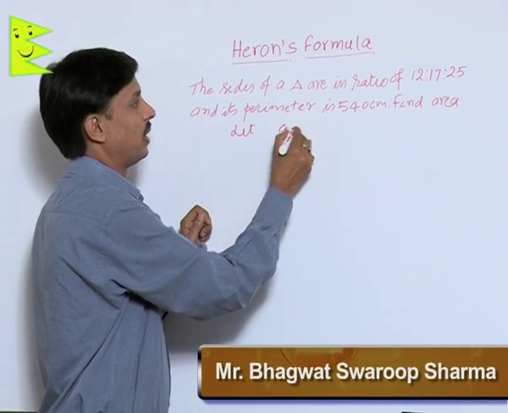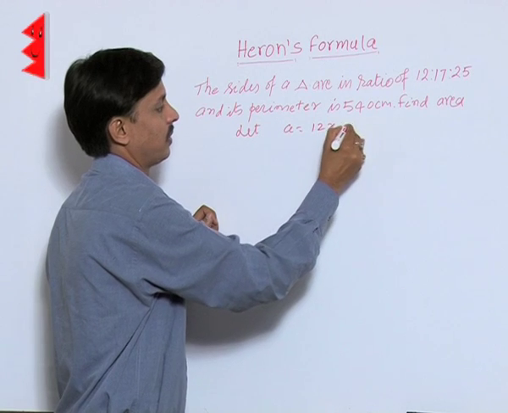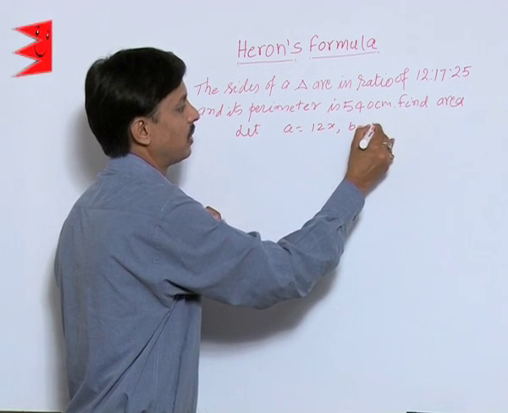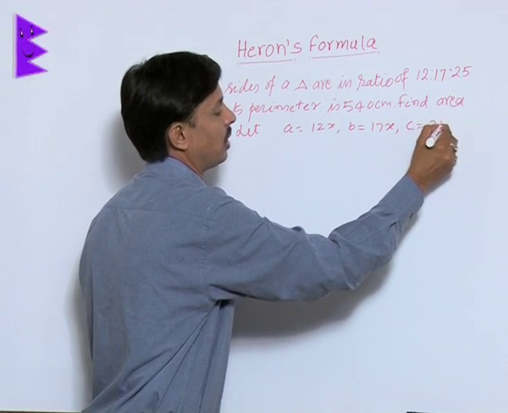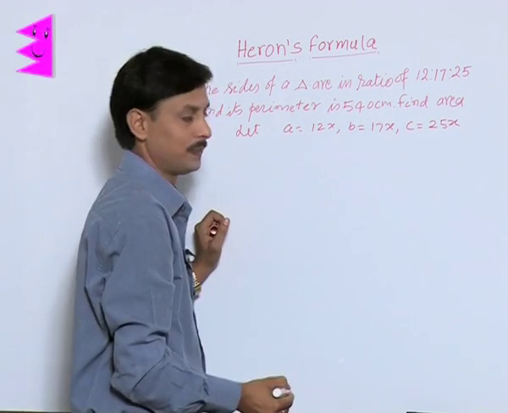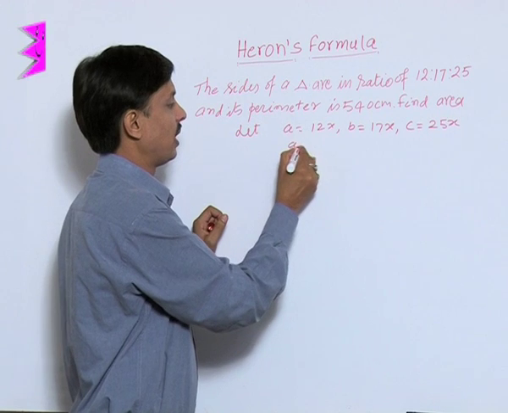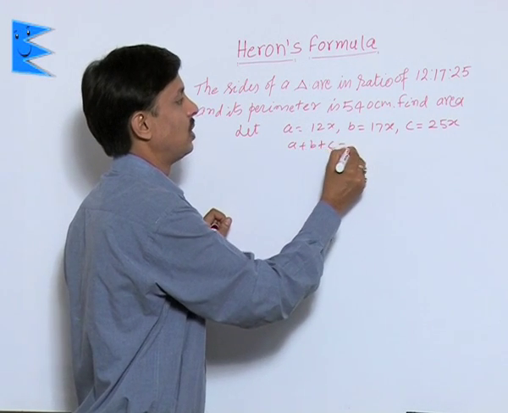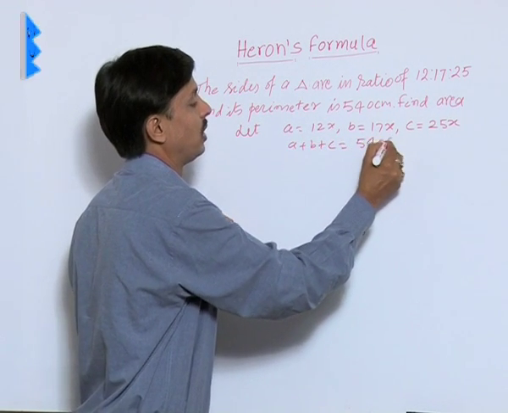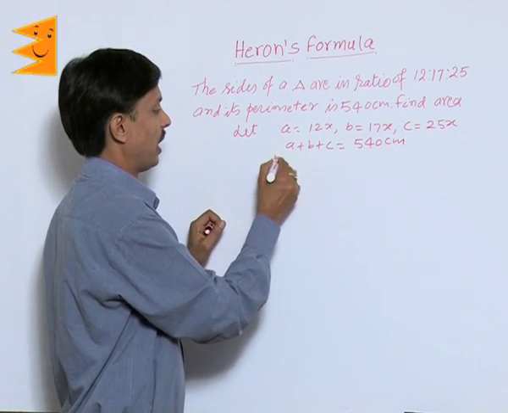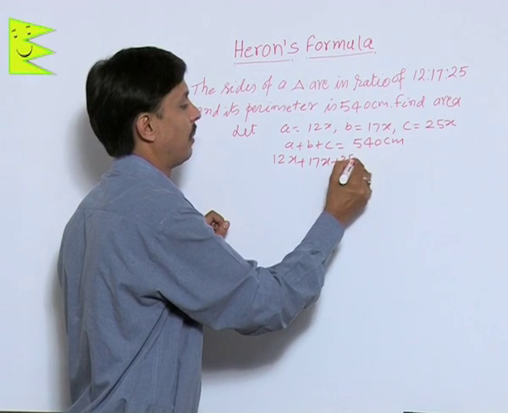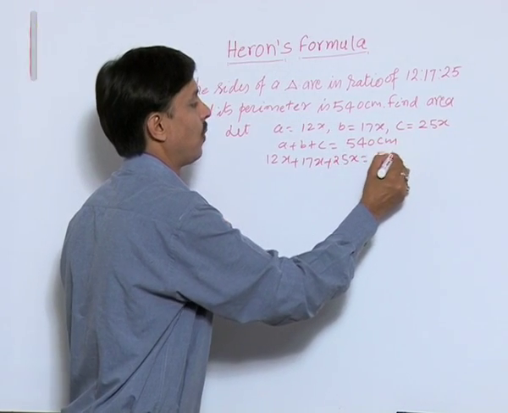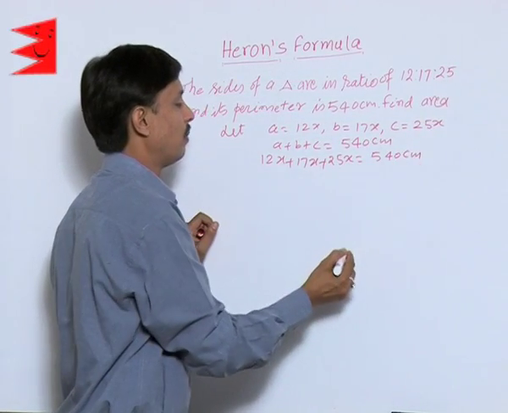Let first side A is 12x, second side B is 17x as per ratio, and C is 25x, third side. Perimeter A plus B plus C is 540 centimeter. That is 12x plus 17x plus 25x is equals to 540 centimeter.